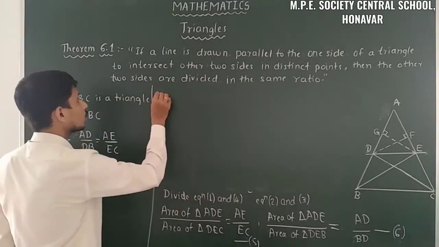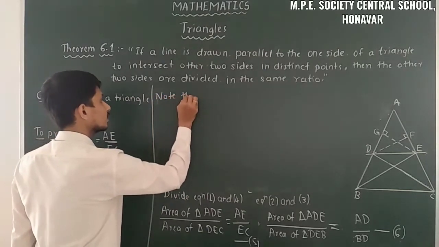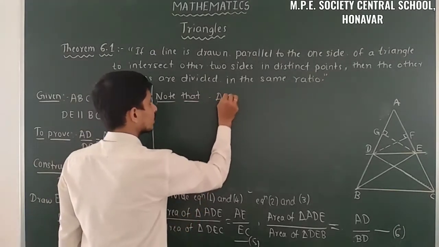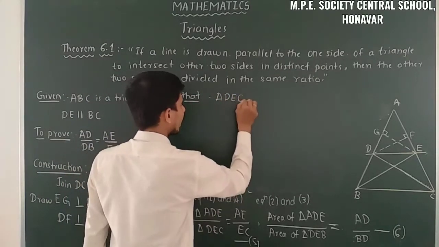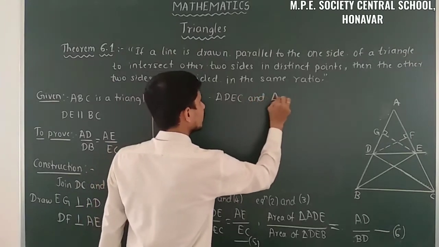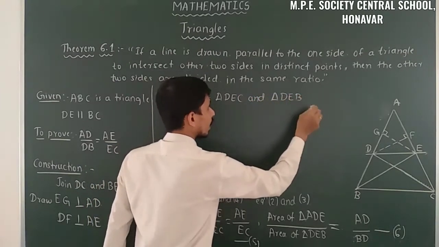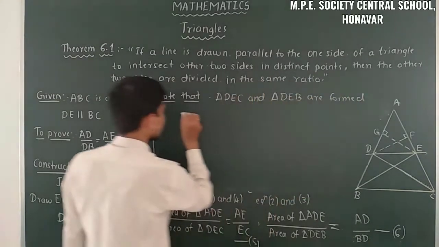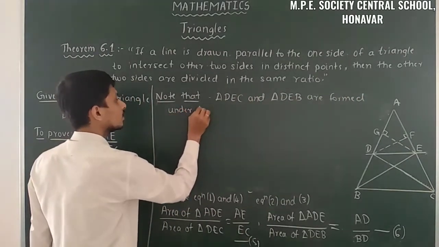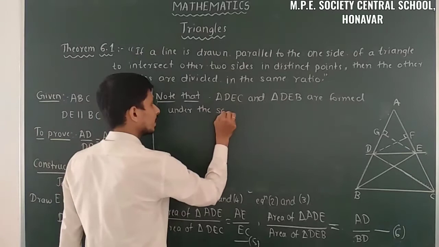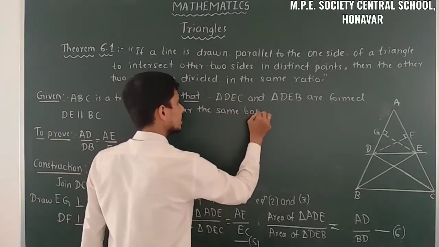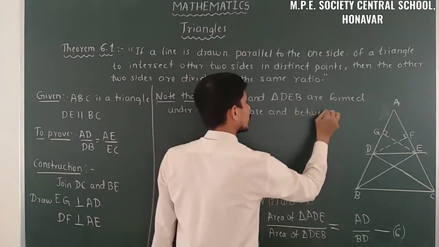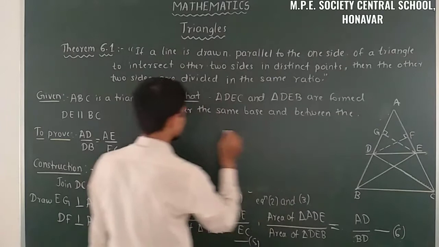First note that triangle DEC and triangle DEB are formed under the same base and between the same parallels.